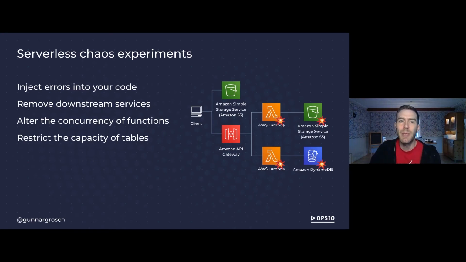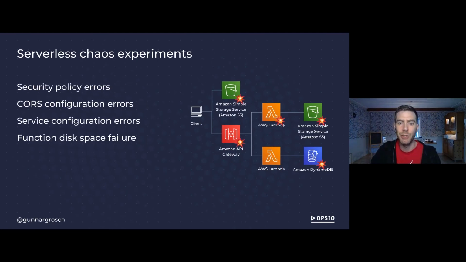We can then inject errors into our code, or create exceptions in our code, to see how our application handles that. We can remove downstream services, in this case DynamoDB or S3. And we can, of course, alter the concurrency of functions or restrict the capacity of tables to see how that affects our application.